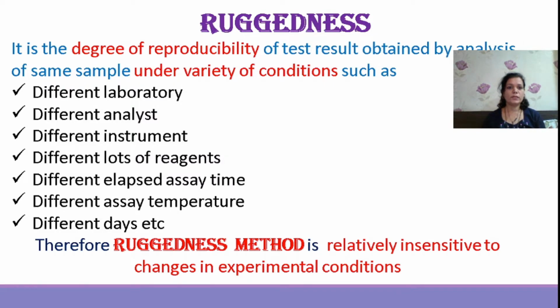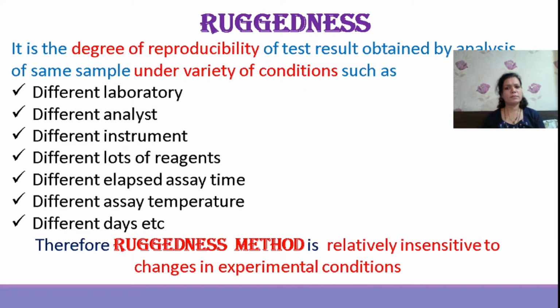Different laboratory, you can compare with different colleges, different states, different countries. Different analyst, in the same way, you, your friend, your grandpa or a neighbor performing it after 10 years.